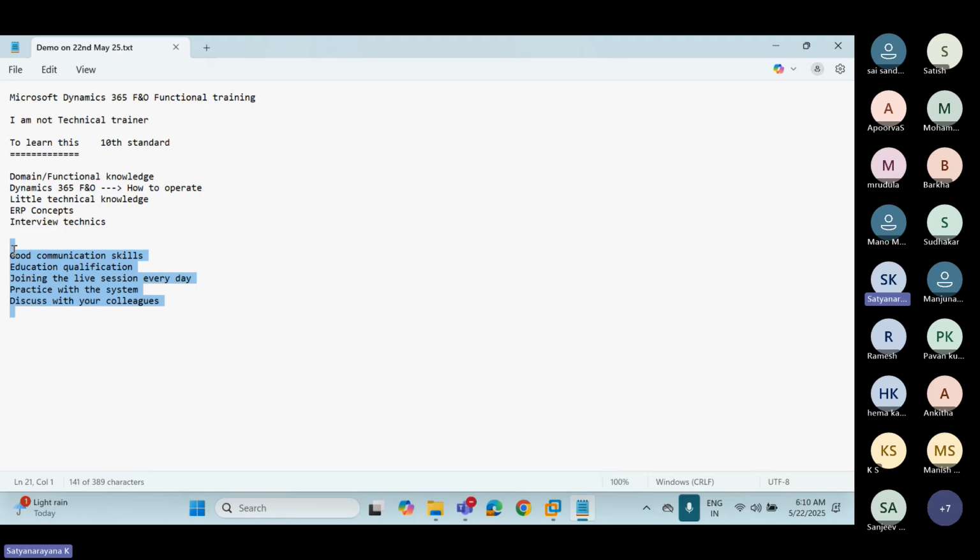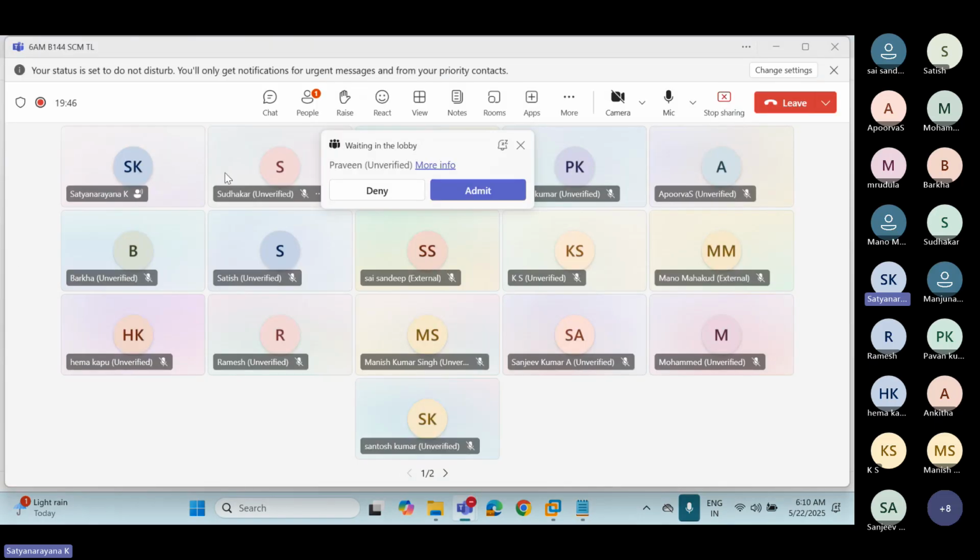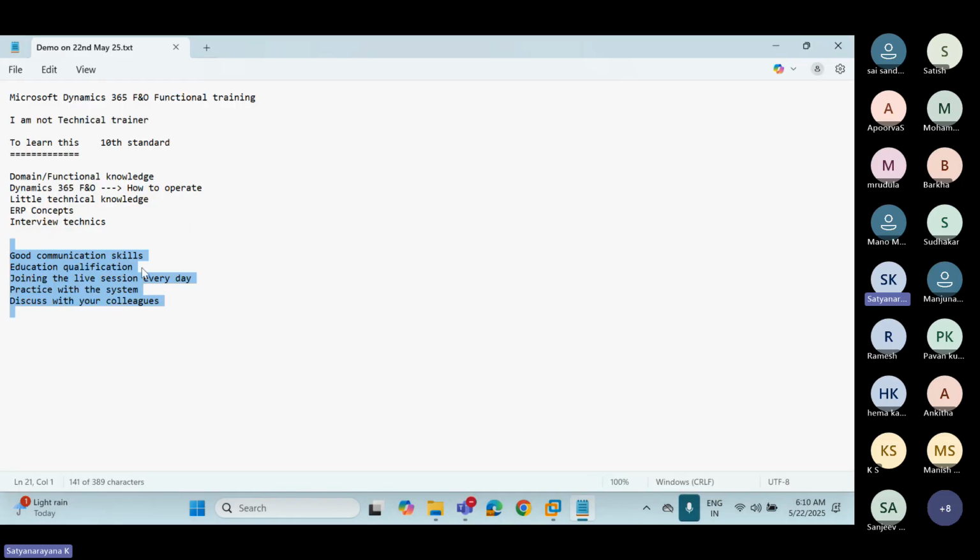For example, Infosys. If it is Infosys, you need to have more than 60% in all your academic years, that means 10th, intermediate and degree, whatever you have. Everywhere you should have more than 60%. Then only they will allow you into their company.